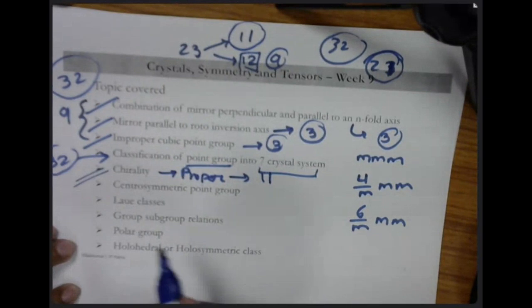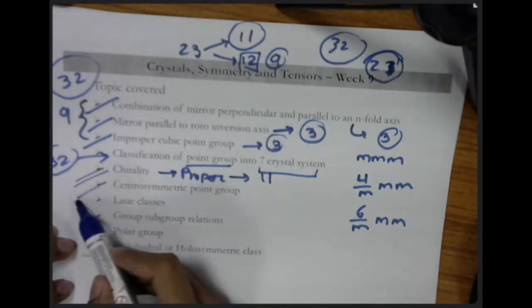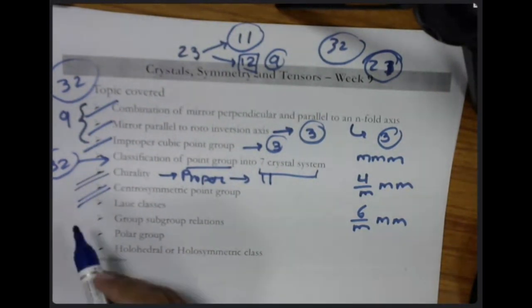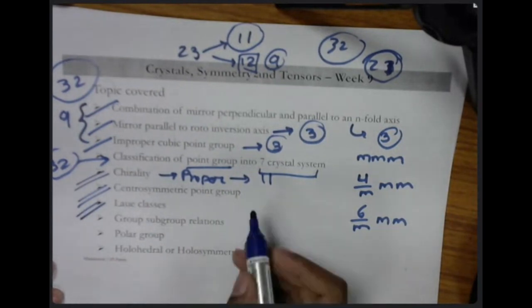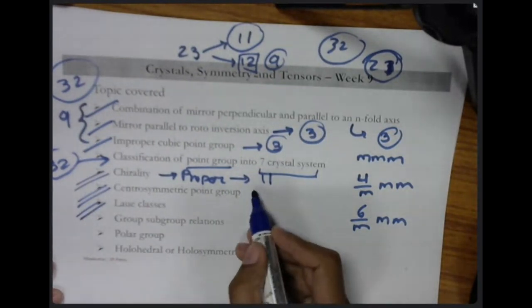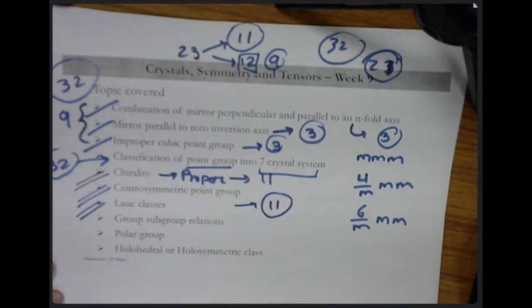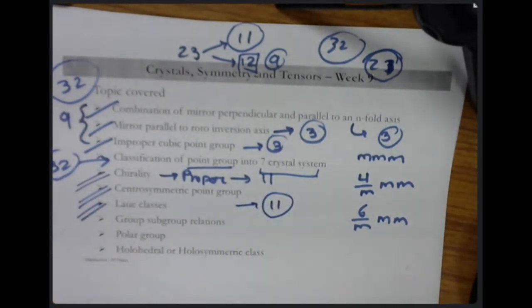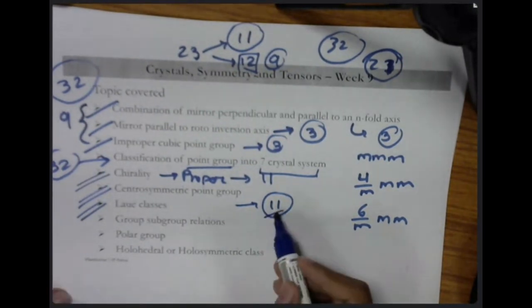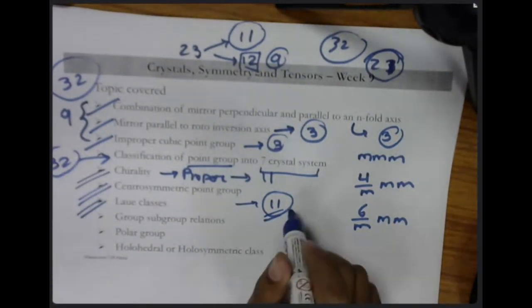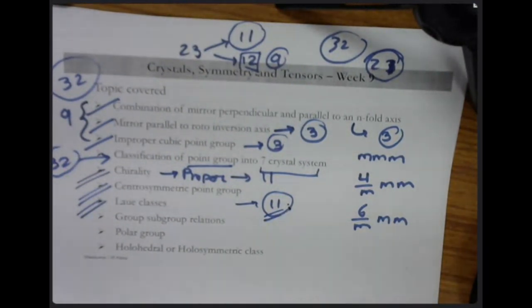Then we have studied about the centrosymmetric point groups. How many point groups are there which are centrosymmetric in nature? And then we have learned about the Laue classes. We have seen that there are 11 Laue classes, and the remaining, if we combine the rest of the 23, other than 11, with the inversion, it will produce one of these 11 Laue classes itself.